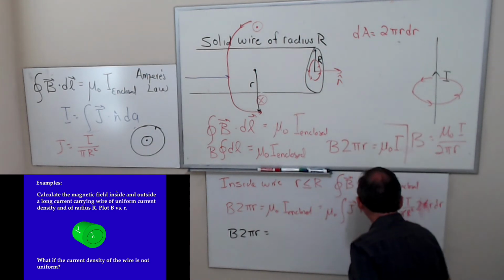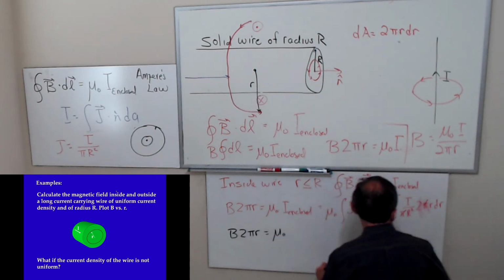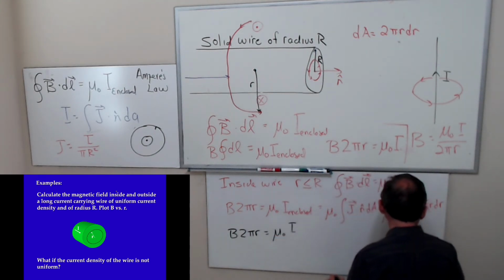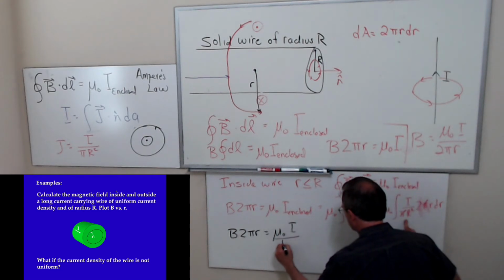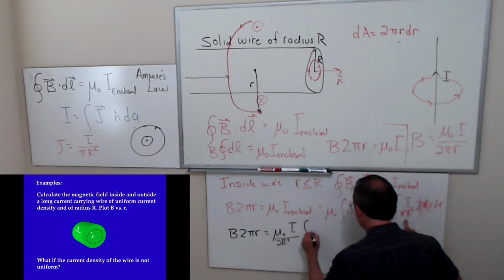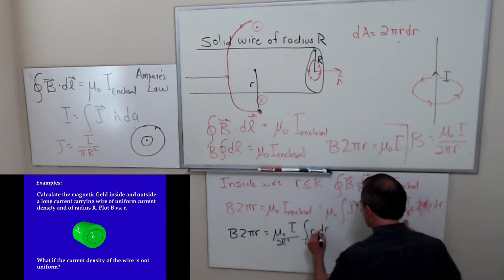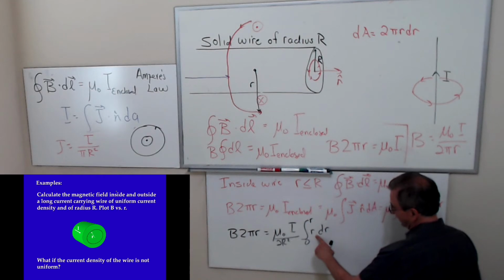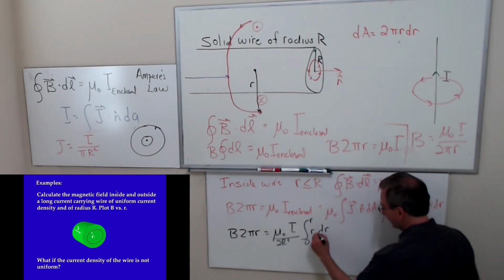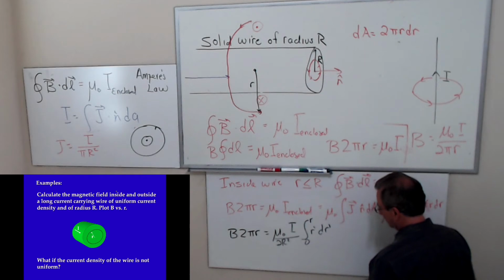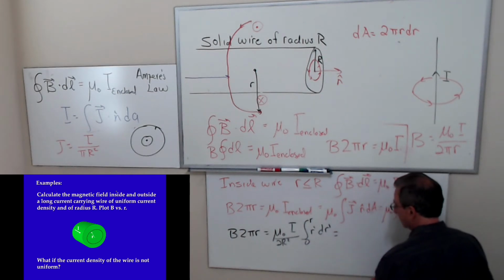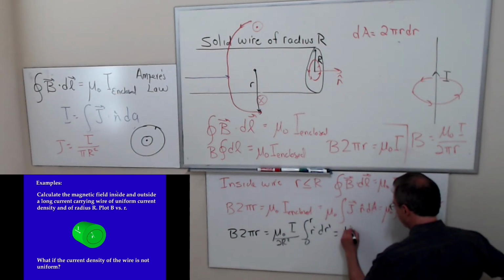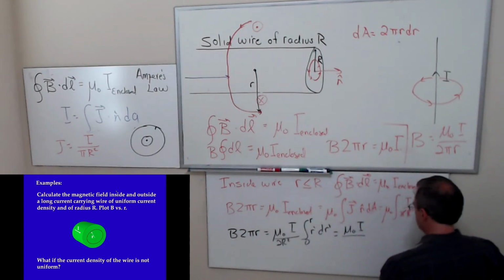Okay, so now I have mu naught times I over R squared, and there's a 2, the integral of R dr. Oh, I have a problem here. Should I call it R prime? Yeah. So when I integrate this, what do I get? R squared over 2.